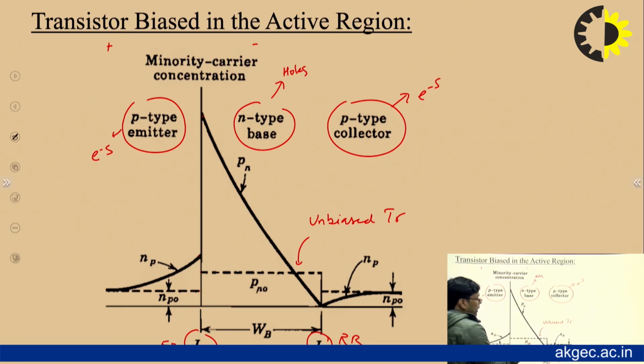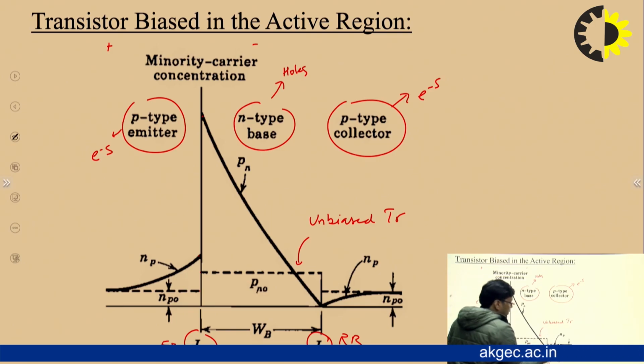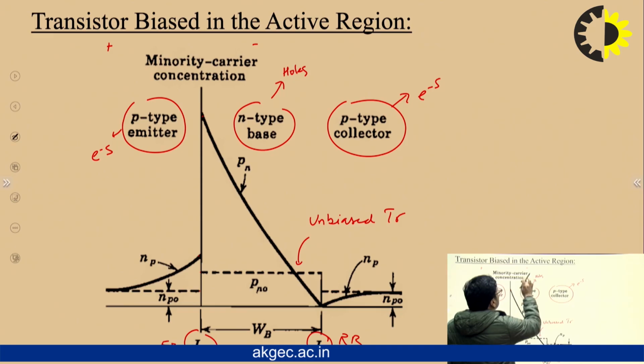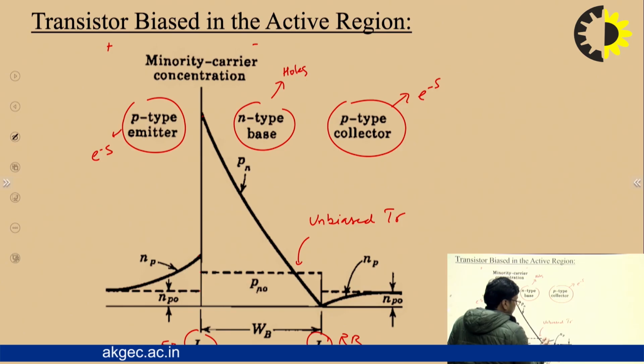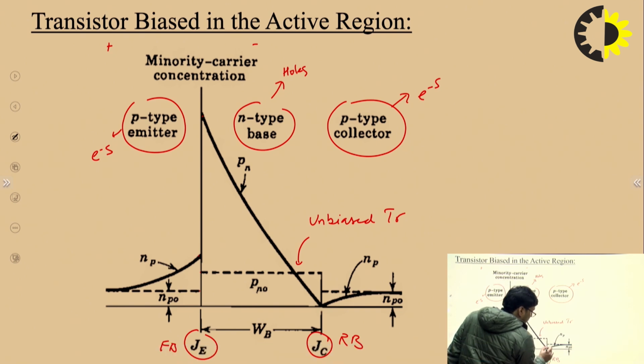Now if I talk about this junction, the holes are moving from N to P. So some electrons and holes recombine at this junction. That's why at this junction the concentration level for the minority carrier is low, and if you increase the distance, moving farther away, the concentration level will be high.